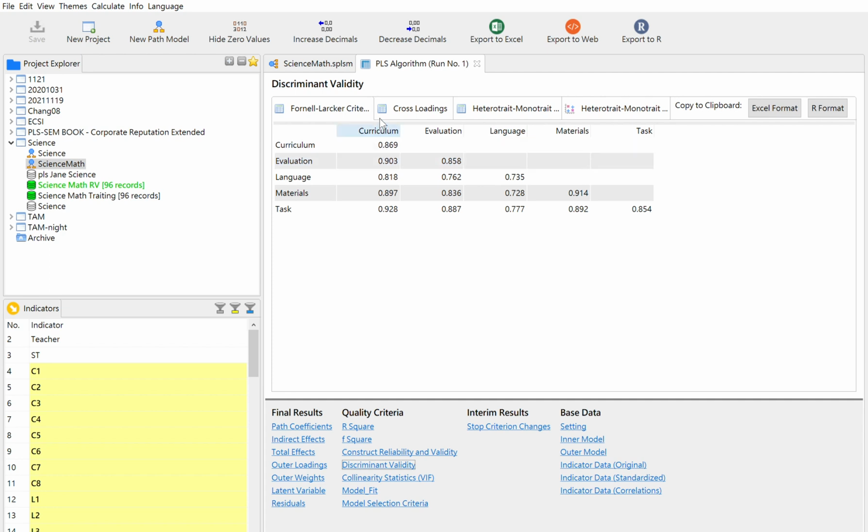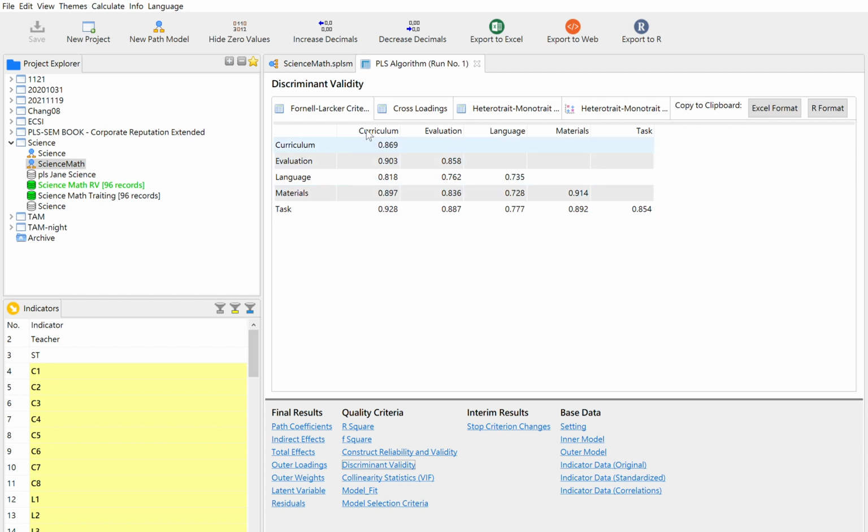So here we have curriculum correlating with evaluation at 0.9. On the diagonal, we have the square root of the AVE, and it must be greater than any of the inter-factor correlations.